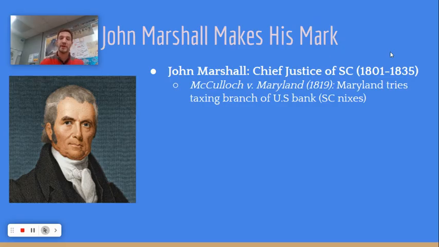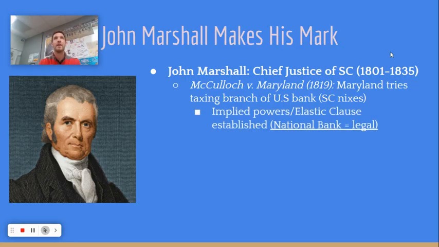And the Supreme Court nixes this, but the decision, kind of like Marbury versus Madison, what it sets up is more important, okay? Basically, through this ruling, the Supreme Court and Marshall declare that the national bank has legal standing to be in the states, okay? And this goes all the way back to Hamilton versus Jefferson stuff, but the Supreme Court is basically backing the idea here, guys, that you can interpret the Constitution.